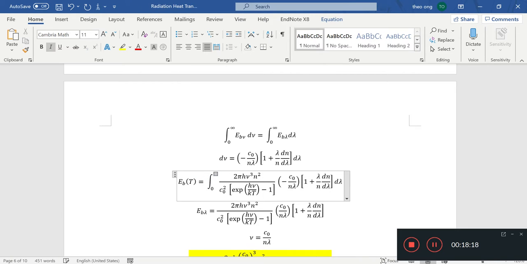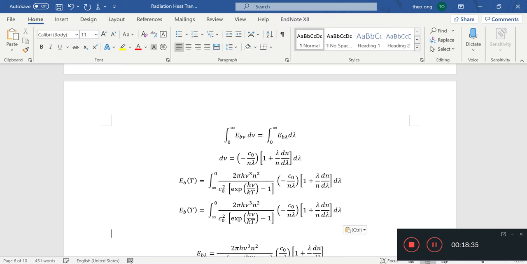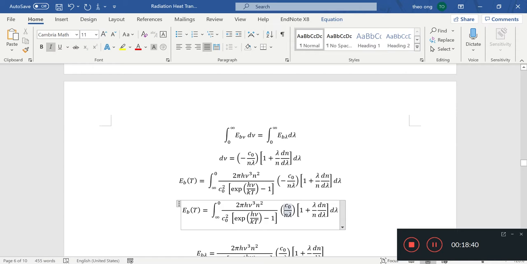Here it should be 0, because infinite frequency means the wavelength is 0. Zero frequency means infinite wavelength. So this is how it corresponds. If we want to switch the limits around, we've got to take the negative sign out and do it as such.